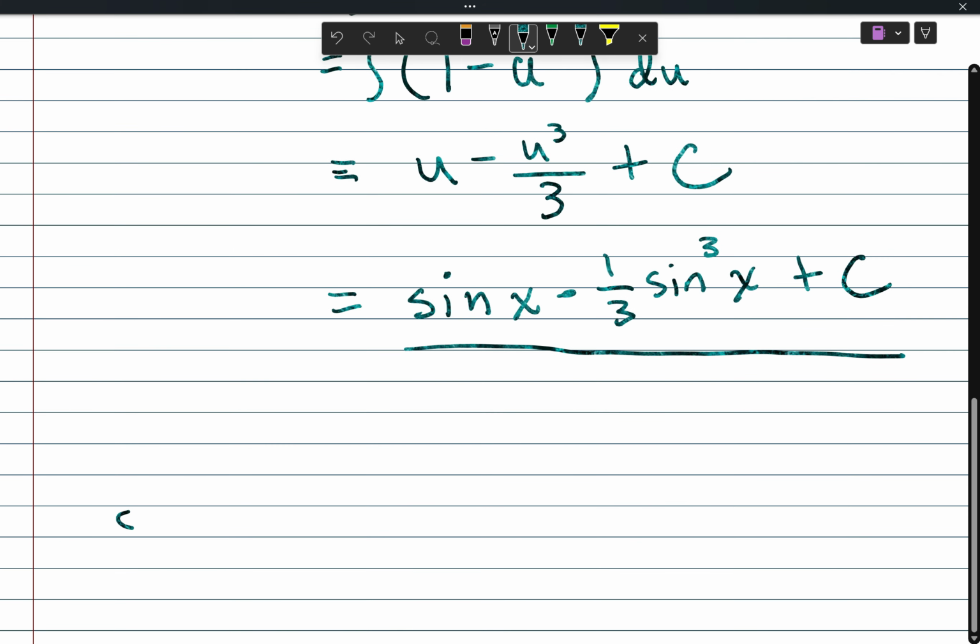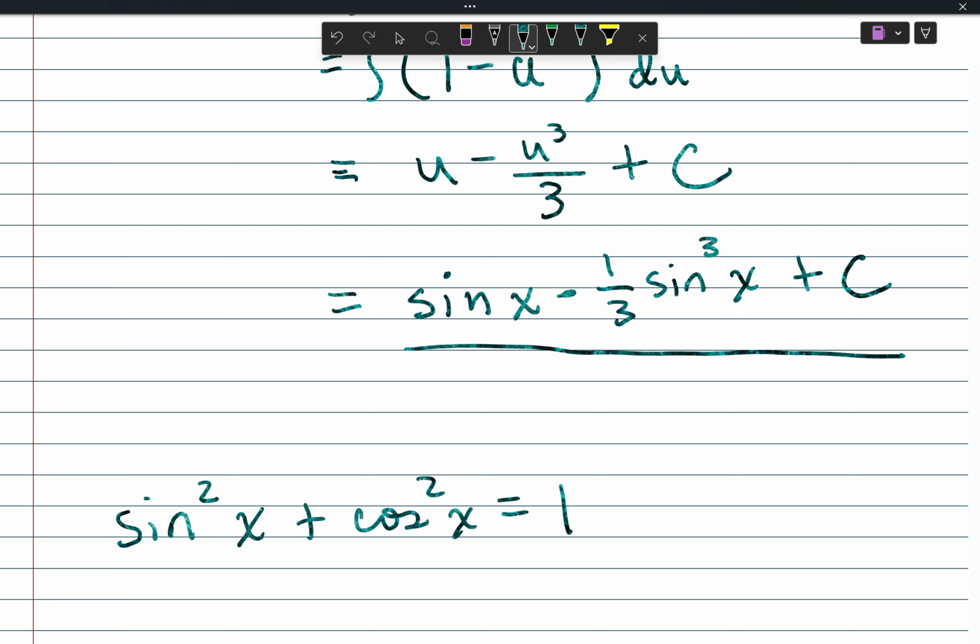The identity we're using, sine squared x plus cosine squared x equals 1, that we learned back in pre-calc, enables us to convert back and forth between even powers of sine and cosine.